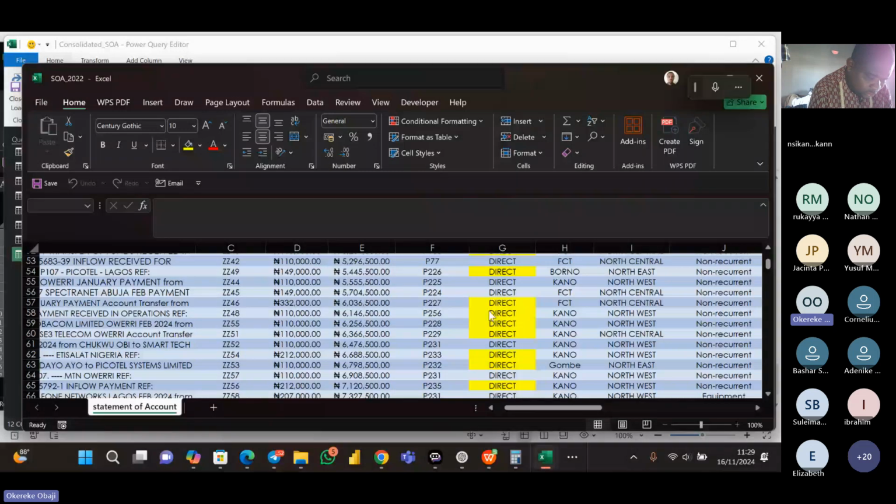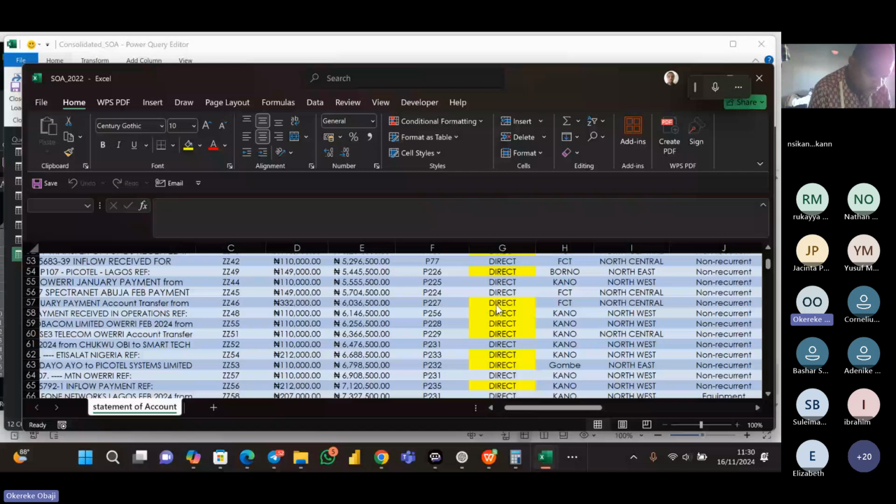But vet this particular entry, you realize that the corresponding entry is not indirect, it is actually direct. Now, if you follow through the process, you are going to see some anomalies, and we discovered incorrect data entry. For some of them, we were able to track and isolate them, and make corrections on the respective statements of account. So when it is refreshed, it is corrected in the other one.